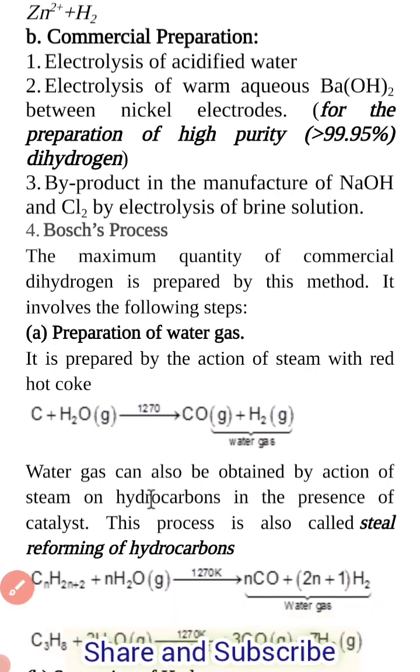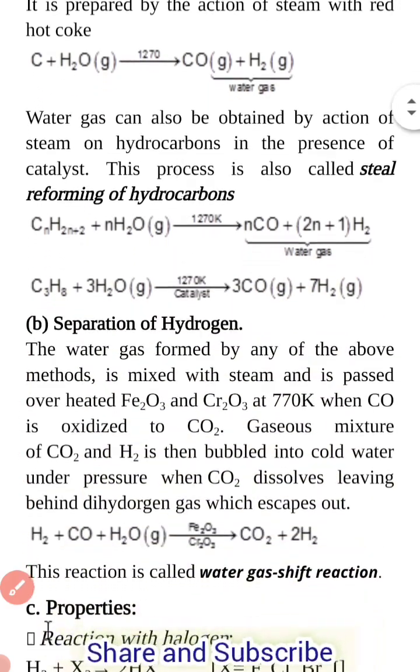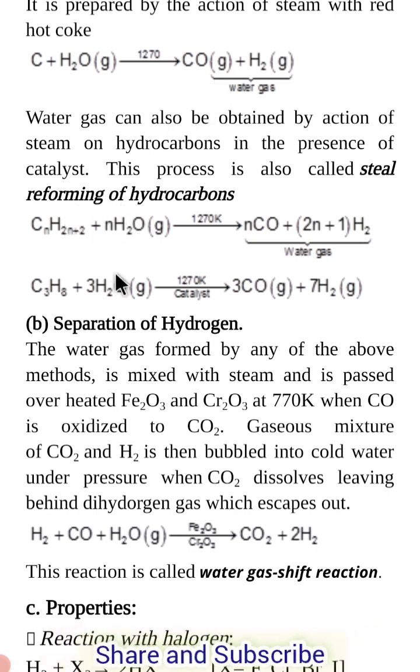This water gas mixture further undergoes this reaction. It can also be obtained by this other reaction. This is an alkane, CnH2n+2, and it is reacted with steam and heated at 1270 Kelvin.